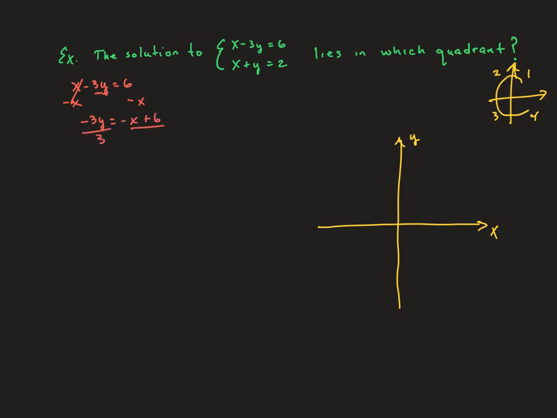Divide both sides by the coefficient, and I'm going to have y is equal to 1/3 x minus 2. Okay, so that's going to be one line, and I can go ahead and put that on here.